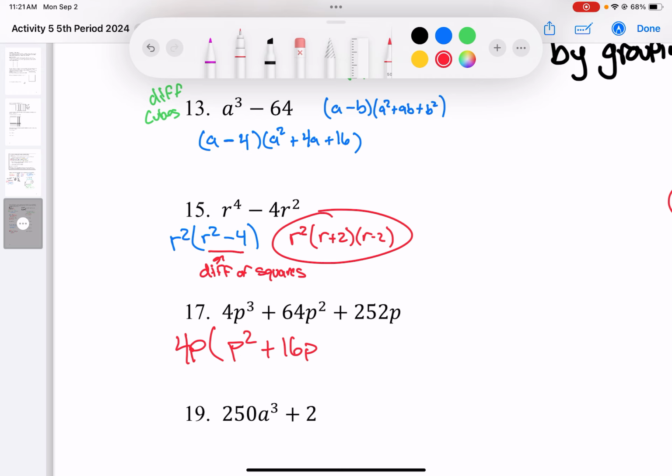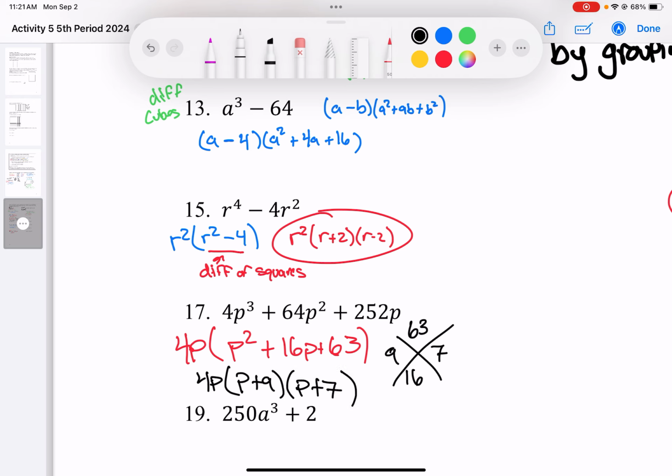I'm just doing it to the side. 252 divided by 4 equals 63. Okay, so we do our, so I got 63 up here. I got 16. It's 9 and 7. So it would be 4p, and p plus 9, p plus 7. That looks great.